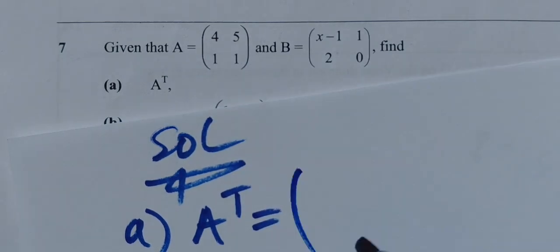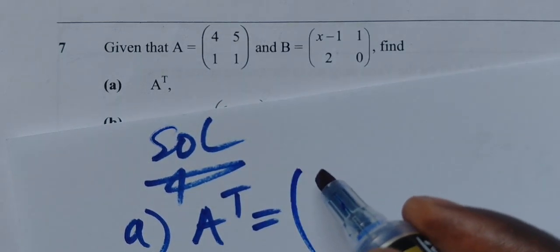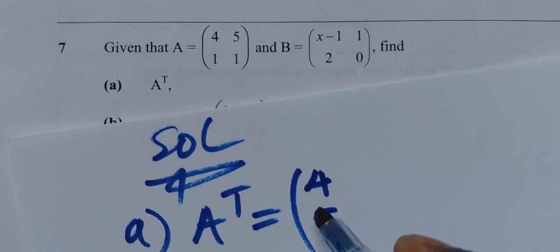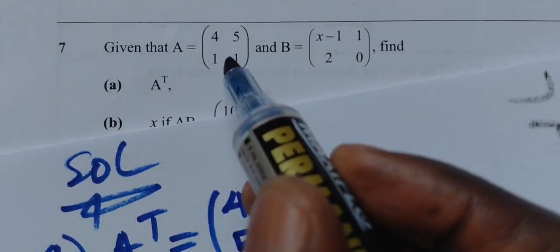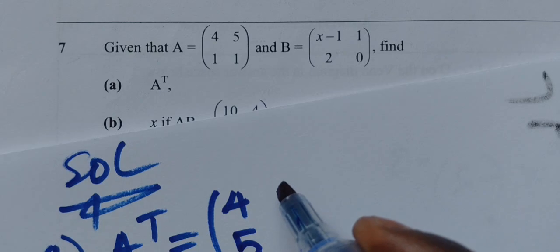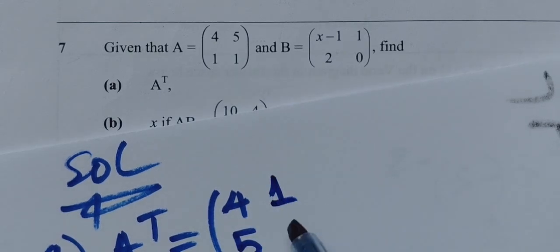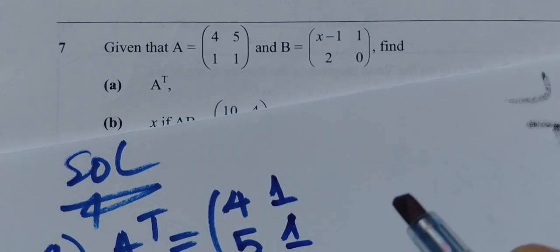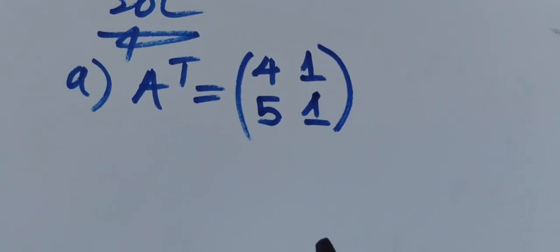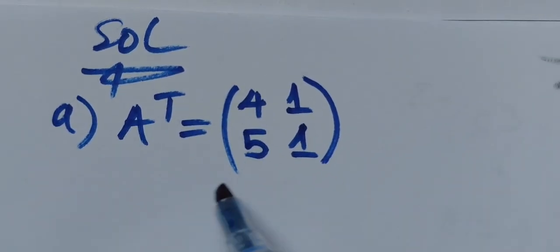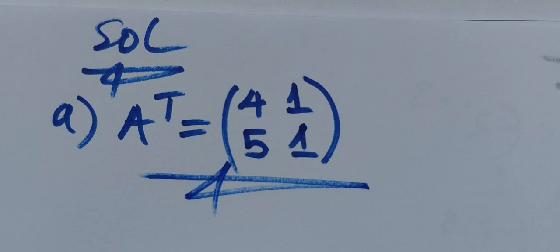Now this will change to a column, which will be 4, then 5. Then for the second row, where there's 1 and 1, here we'll change to 1 and 1, which is a column. And then we close. So this here is A transpose. So this here is for the first part.